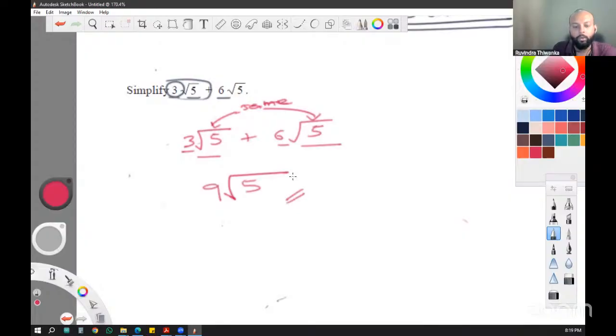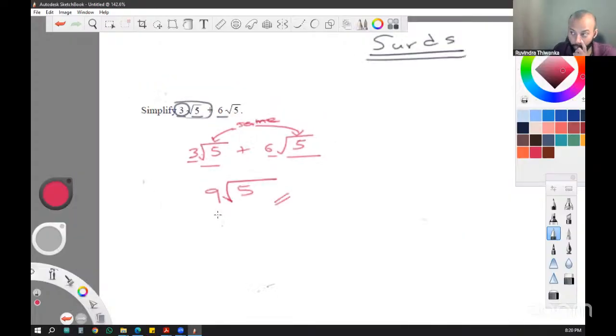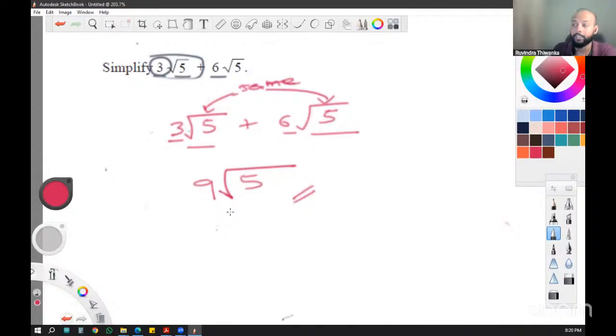Okay. So if they ask you to keep this as an entire surd, then how to turn this into an entire surd? I'll give you a moment to realize how you convert this.